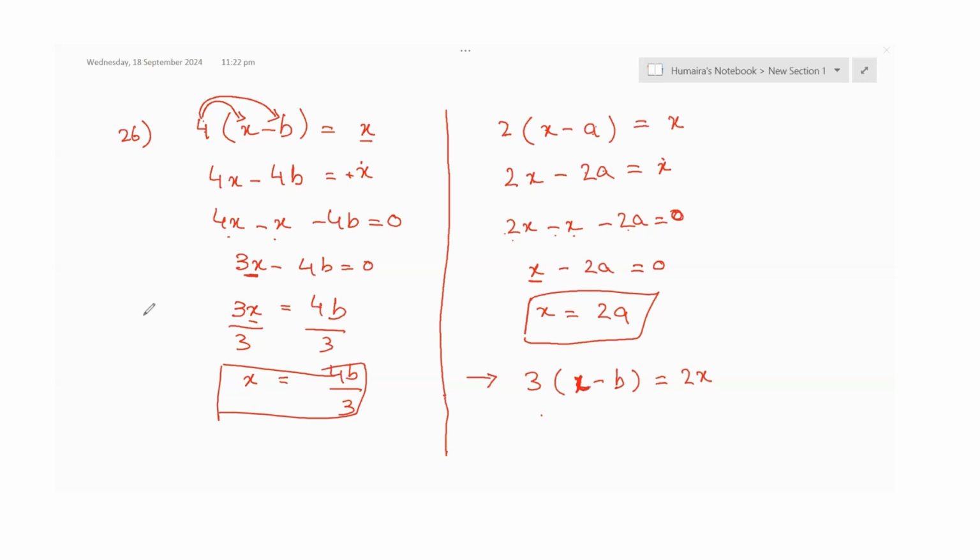Okay, now let's move further. Number 27. x plus 2 over y minus 1 is equal to what? 27: x plus 2 over y minus 1 equals 2.